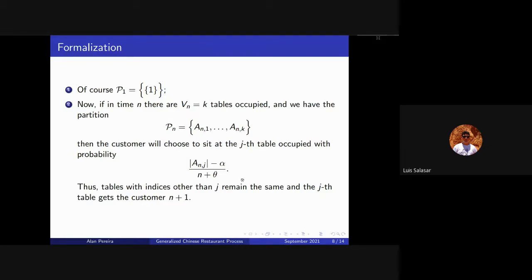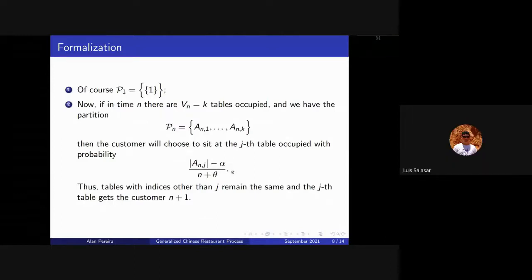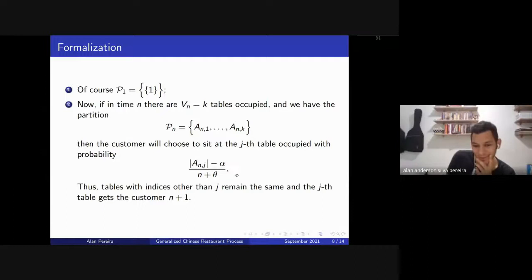I'm trying to see how I can obtain the basic Chinese restaurant process. Is it an additional parameter that is the generalization? Is that the thing? In fact, I don't remember the basic Chinese restaurant process.